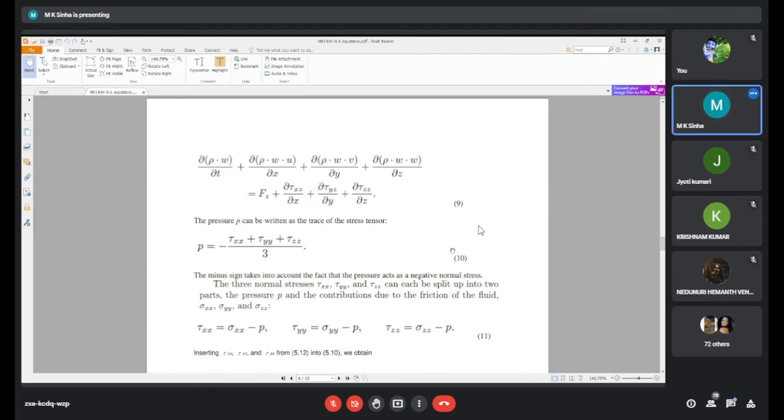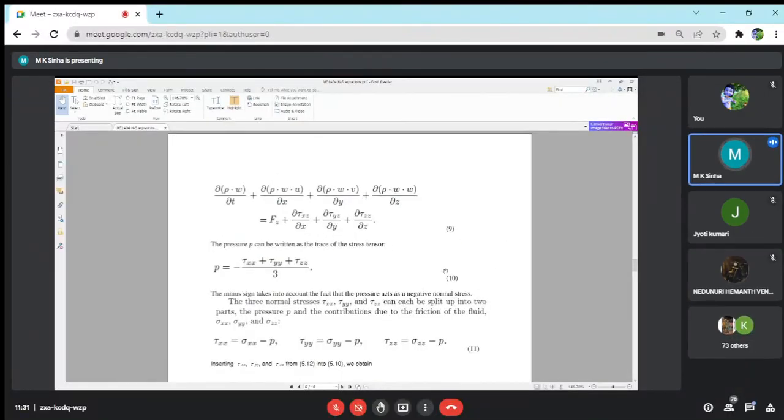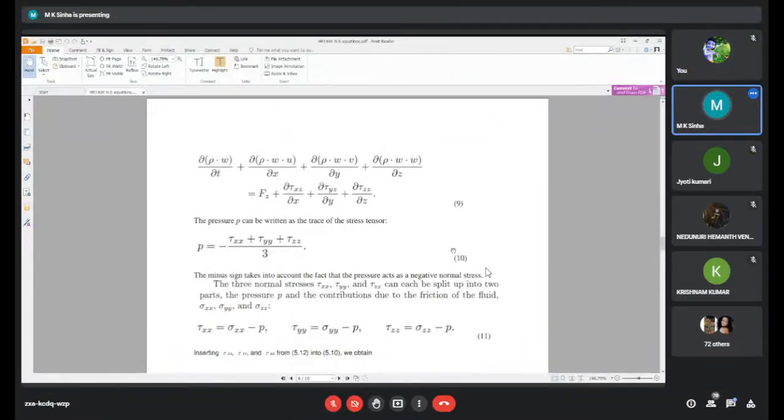Still, we have the momentum equations in terms of the stresses, and we have to replace these stresses in terms of the velocity. This is not our final aim; this is the mixed type. So let us move on.